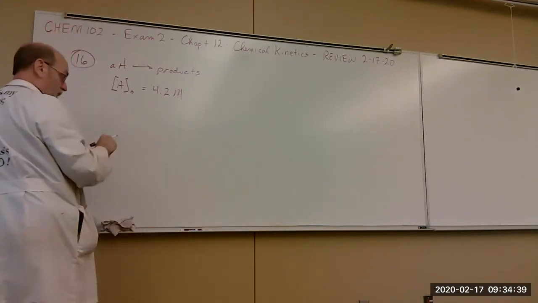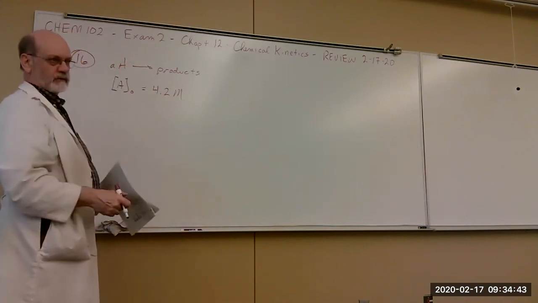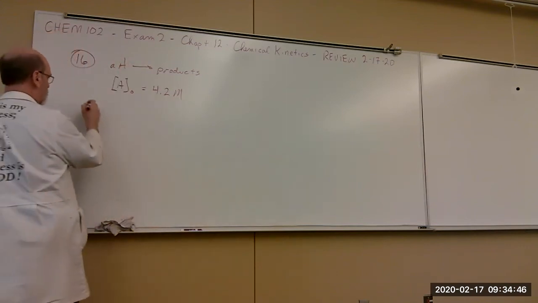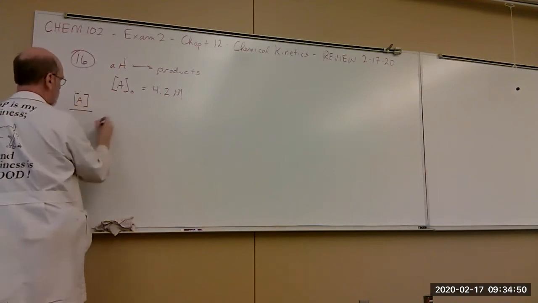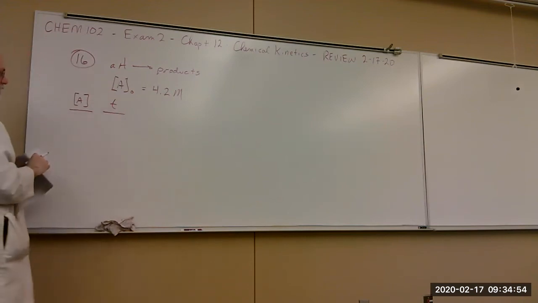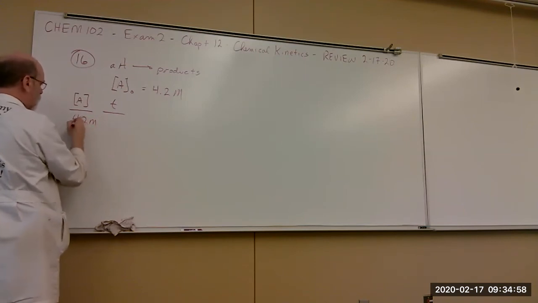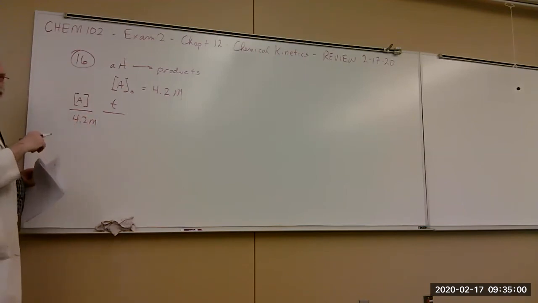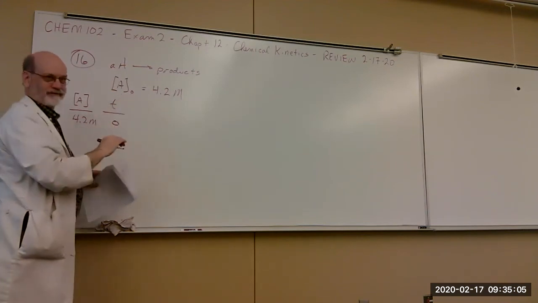So what does that mean? You really can't say what it means unless you build a table. So let's build a table of A concentration against actual time. So the first one is going to be 4.2 molar, and time is what? 0, right? That's when we start.